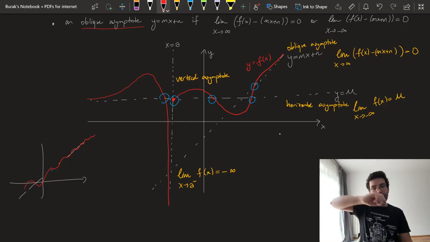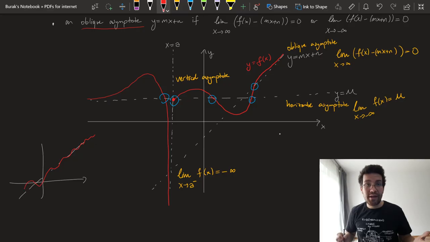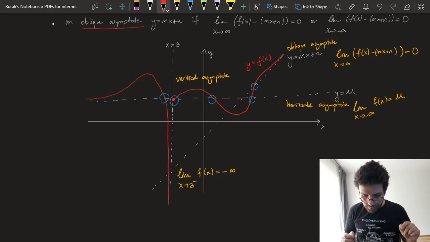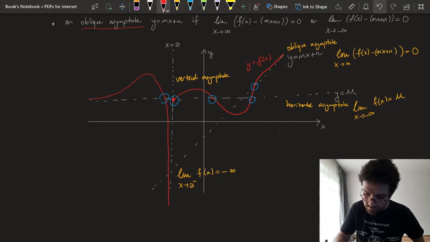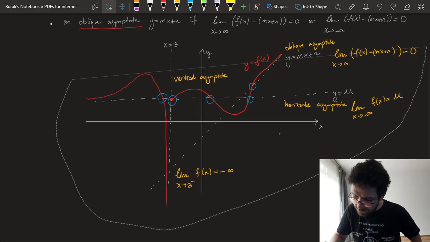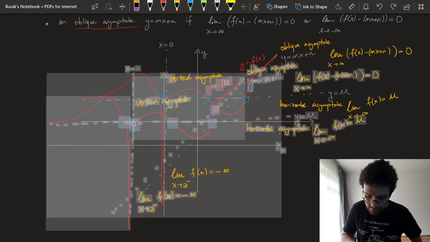I could make these oscillations and intersect asymptotes infinitely many times. I can do that. So don't make these 2 mistakes. And this picture is supposed to illustrate all these 3 types of asymptotes. And let me put it over here.